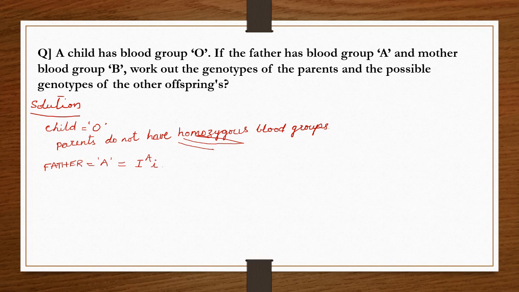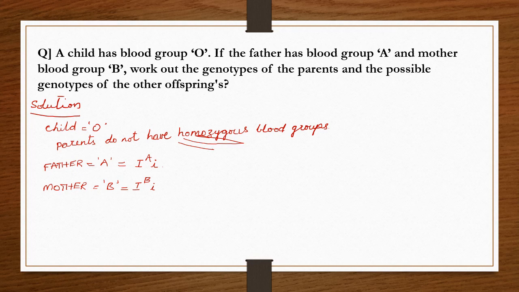And the mother blood group is B, also not homozygous, so it is also a heterozygous condition, IB and small i.